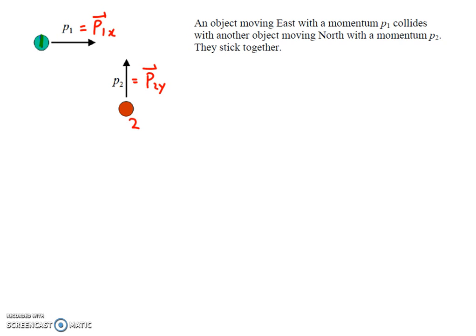What's going to happen when these two collide? Whether they stick together or not, from our Physics 20 concepts, you need to think about our tip-to-tail diagram in order to understand the resultant vector. I know that object number 1 will go towards east, or right, and object number 2 is heading north.